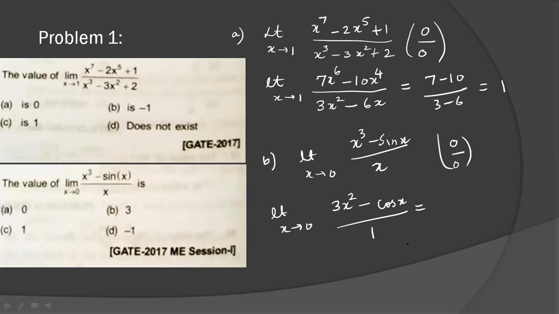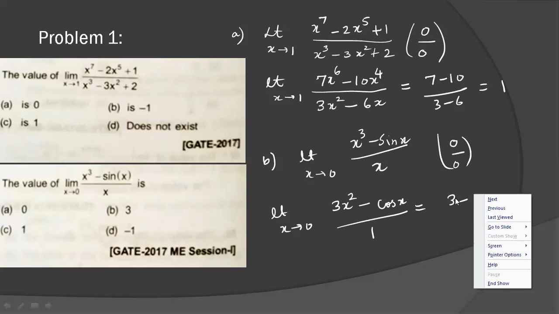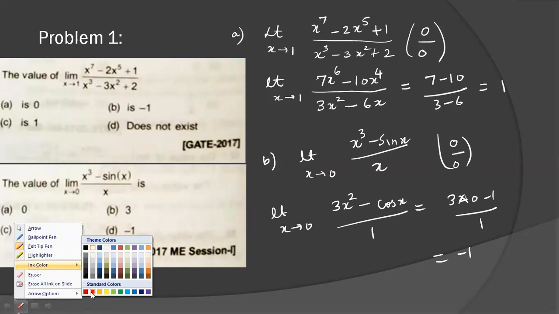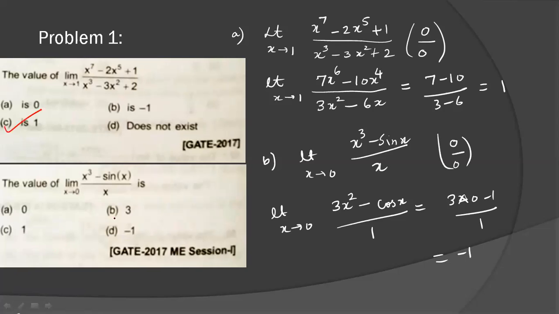Now you put the limit. You can see the denominator is already 1, so this will not give an indeterminate form and we can apply the limit directly. Putting x equal to 0, we get 3 into 0 minus 1 upon 1. So the answer will be minus 1. So the options are: in the first A part the answer is 1, and in the second part the answer is minus 1.